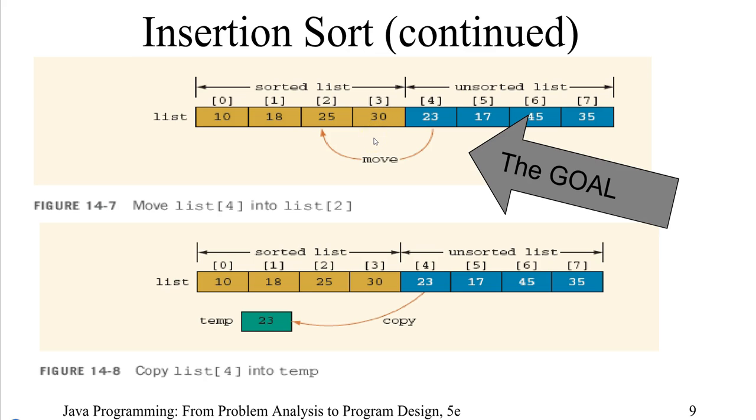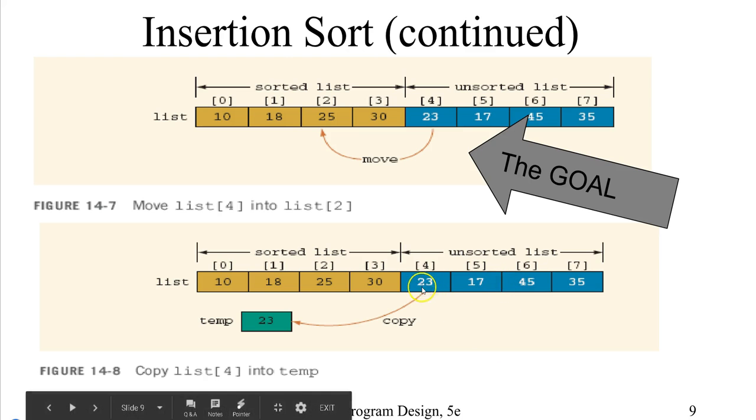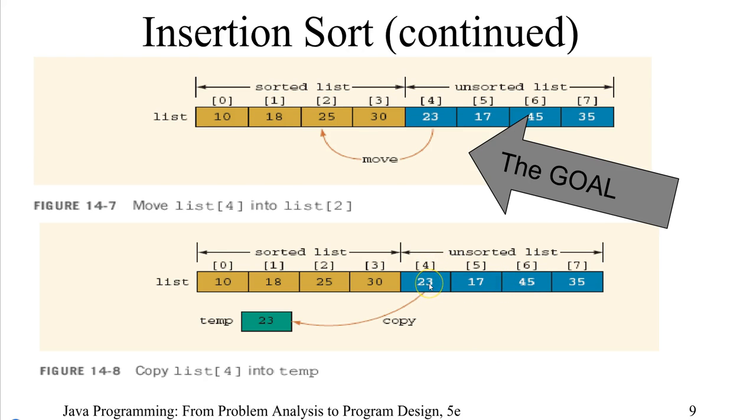That's my visualized method: I have part of it sorted. I look at the next thing, find a spot for it. And right here we can see, oh, that 23 needs to go between 18 and 25. Well, we need to break that down into its steps by, first of all, making a copy of 23.